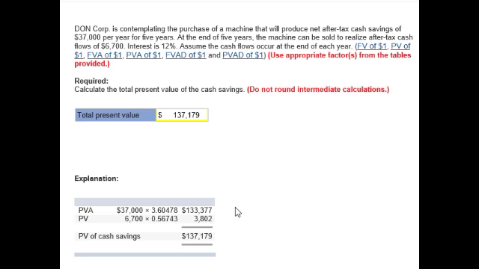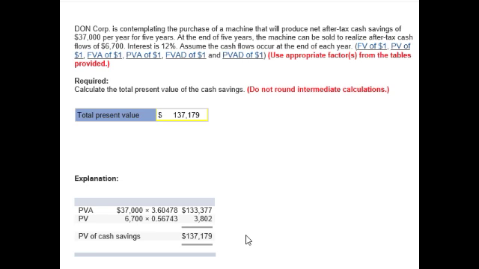Whatever my calculation comes out to, it should be less than 185,000, right? If you're wondering why the present value is smaller than 5 times $37,000, that's because you're going to get the first one in 1 year, the second one in the second year, and the third year, fourth year, fifth year.